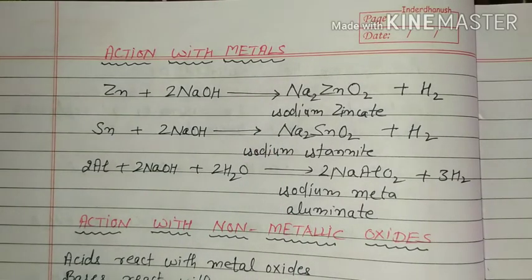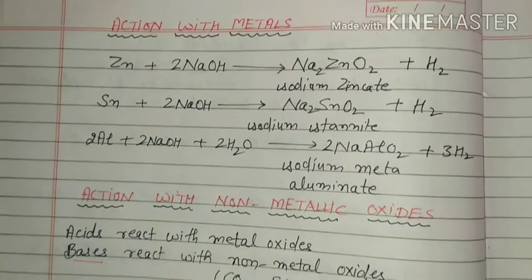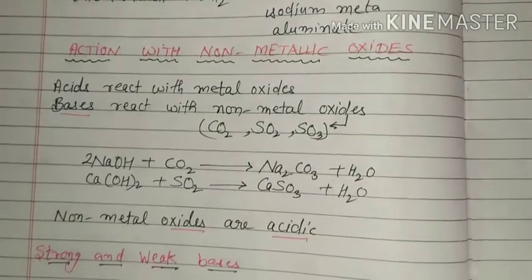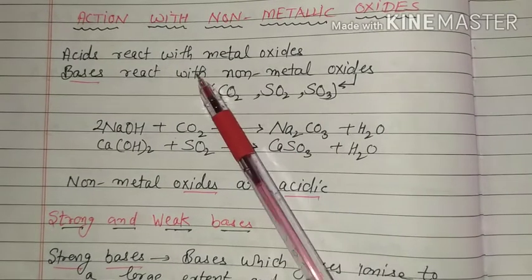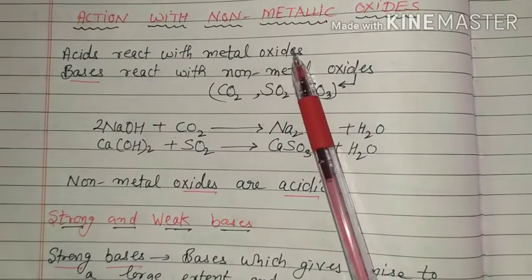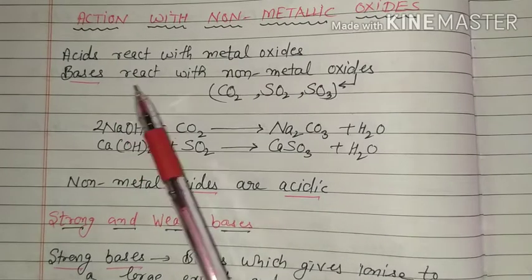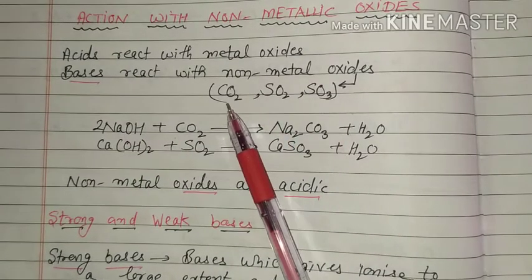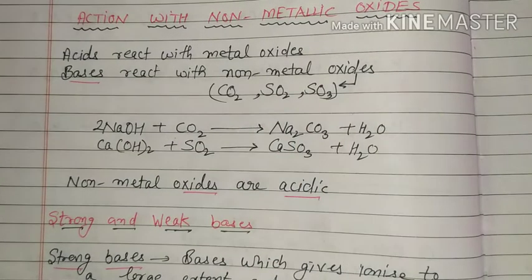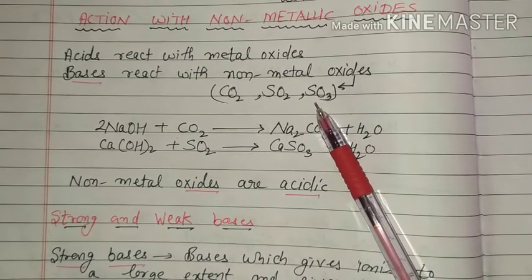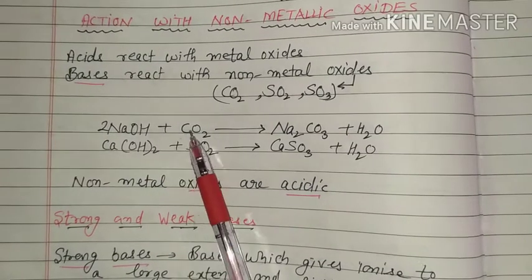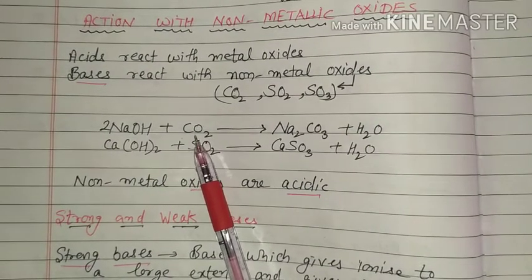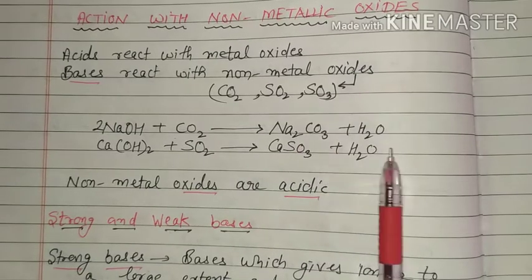Now, action with non-metallic oxides. Acids react with metal oxides, and bases react with non-metal oxides like CO2, SO2 and SO3. Carbon and sulfur are non-metals, and these are their oxides. NaOH, the base, plus carbon dioxide, a non-metal oxide, gives Na2CO3 plus water.